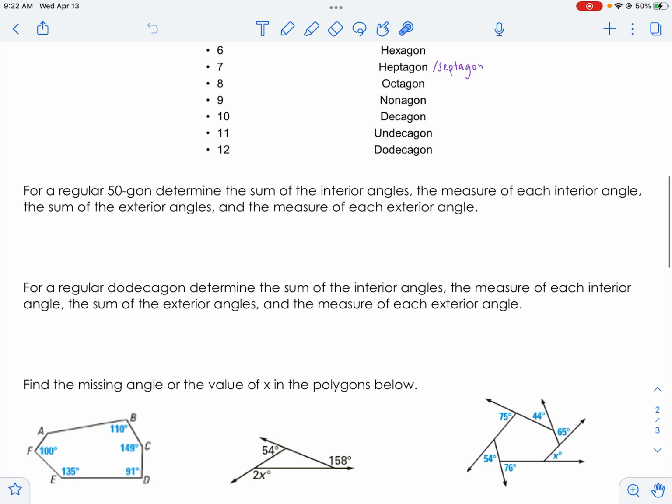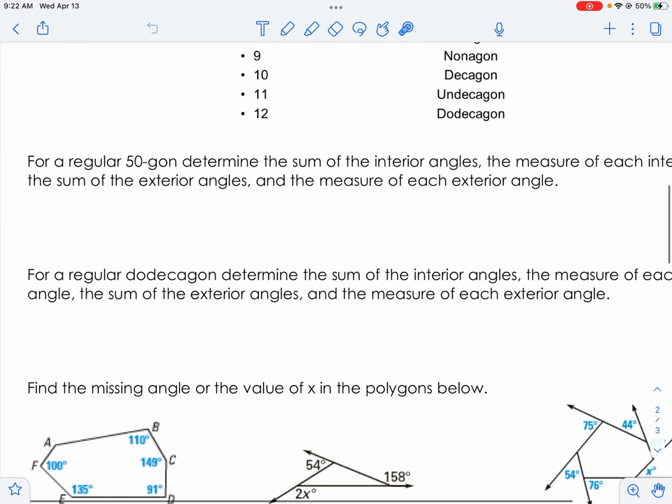So going back, it says, for a regular 50gon, determine the sum of the interior angles, the measure of each interior angle, the sum of the exterior angles, and the measure of each exterior angle. Now, it's asking us to do 4 things, but this is going to go really, really quickly with those formulas. So I kind of like to organize it like I had it on that formula chart with this little grid.